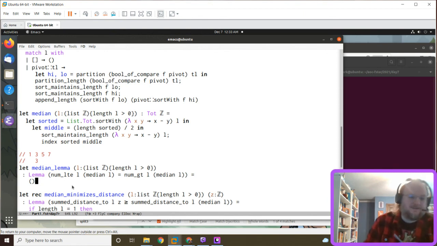Yeah, things that do not easily just prove by induction seem like they're harder in F star. It's a little bit of a puzzle here. So could we prove it inductively?